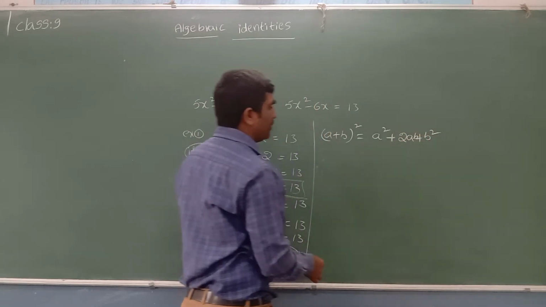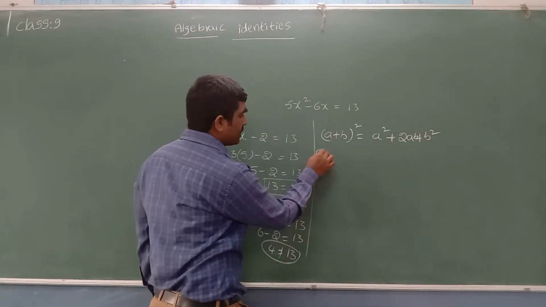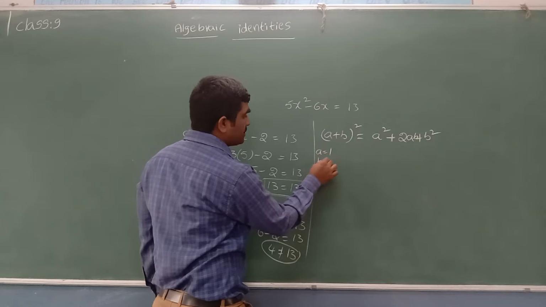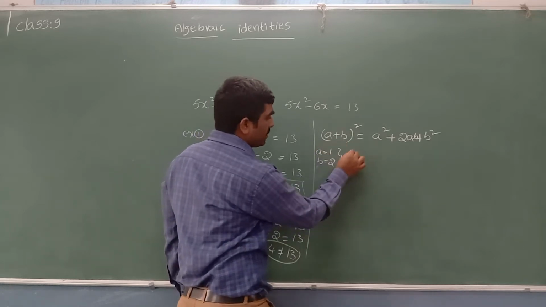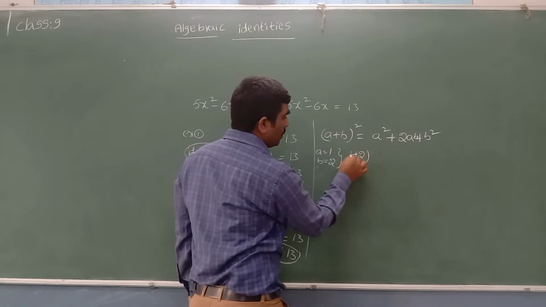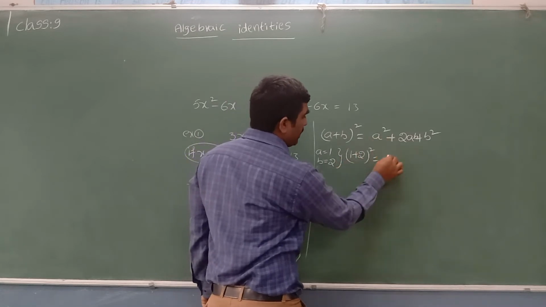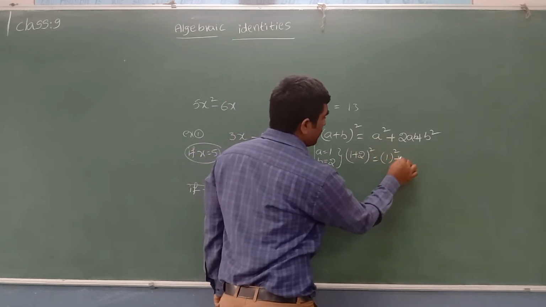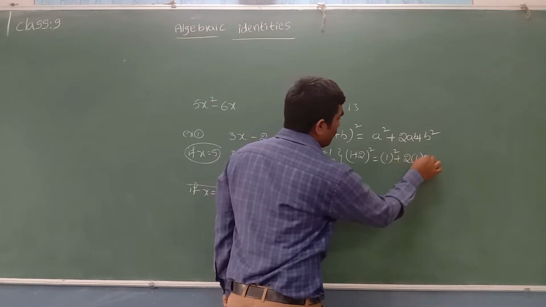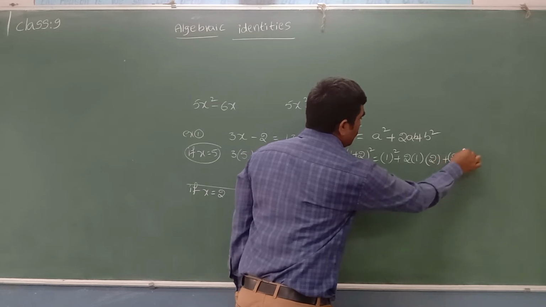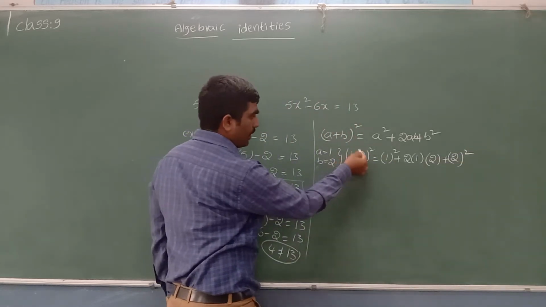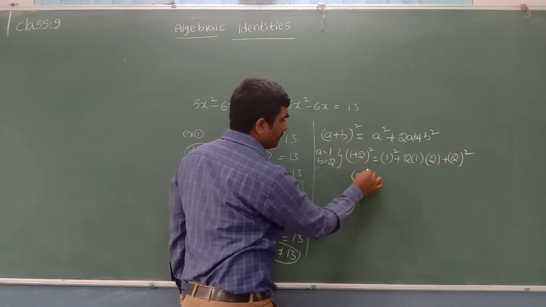Sorry, here it is 2ab. Now here, let us take a is equal to 1, b is equal to 2. Substitute both in the above equation. In the place of a, 1, plus 2, whole square is equal to 1 square plus 2 into 1 into 2 plus 2 square. 1 plus 2 is 3, whole square.